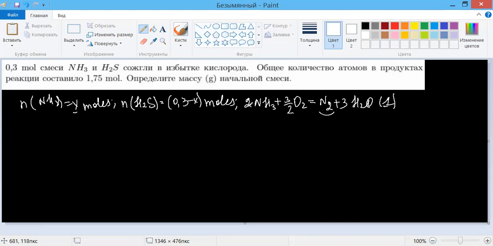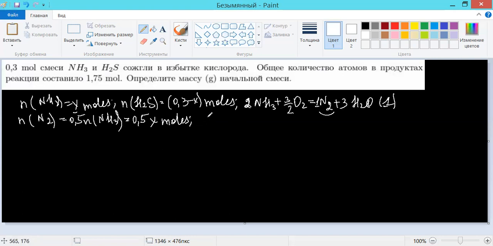We've got the coefficient 2 here and coefficient 1 here, and that makes us believe that the amount of the molecular gas N2 equals 0.5 n of NH3, right? So nitrogen, molecular nitrogen, okay? And we know that it means 0.5x moles. However, we're supposed to pay more attention not to the molecular part of the matter, but to the atomic part of the matter, because they tell us that the total amount of the atoms is 1.75.